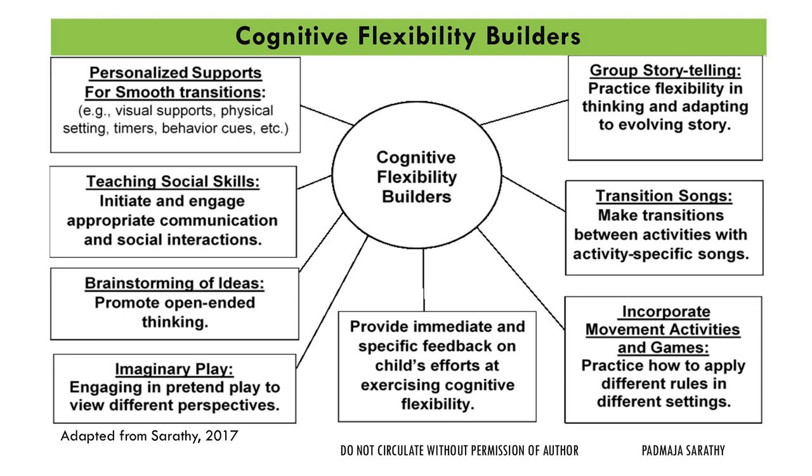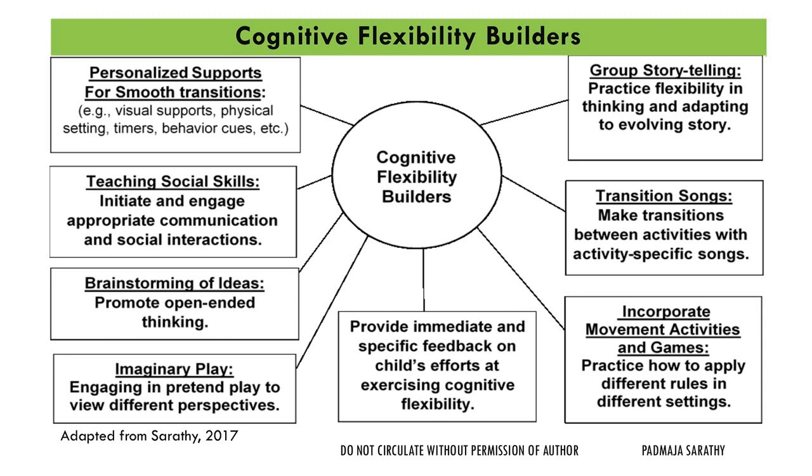How do we tell stories as a group? How does each child participate to his level of skill, so that we are patient, taking turns, and we listen and we talk. So to an evolving story, they contribute. And then one of the things that I'm going to share with you is how to use simple songs, transition songs.